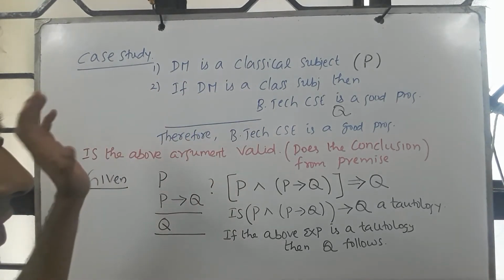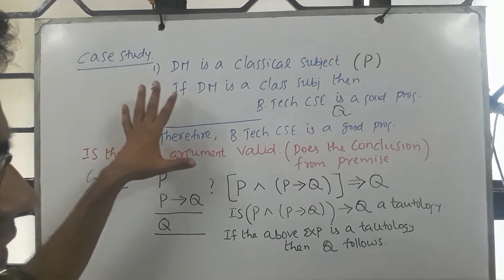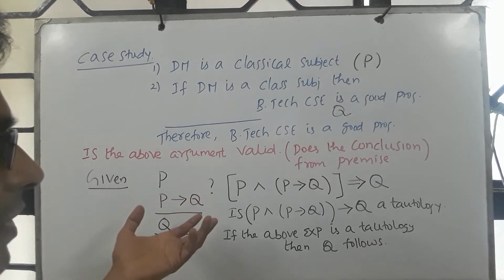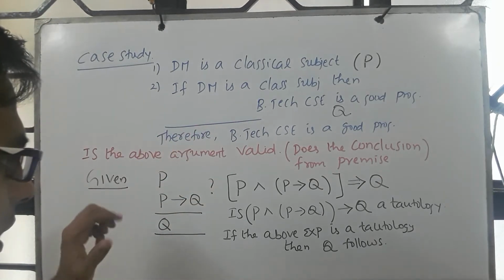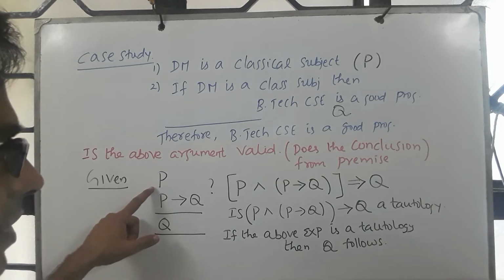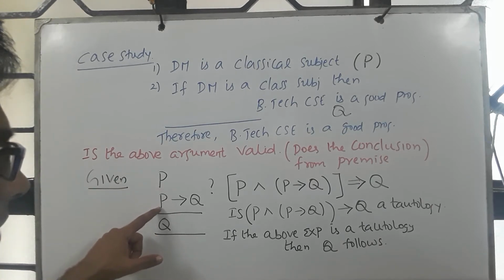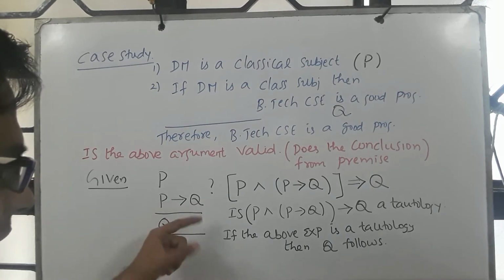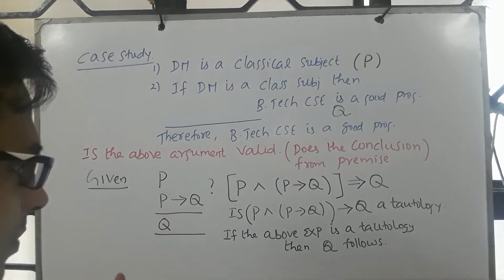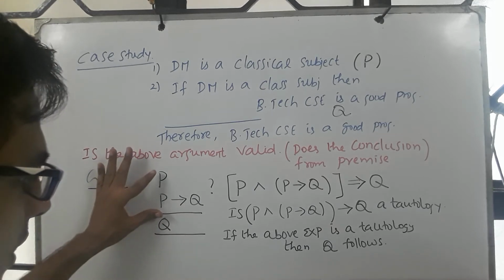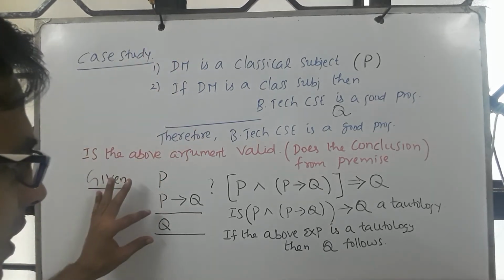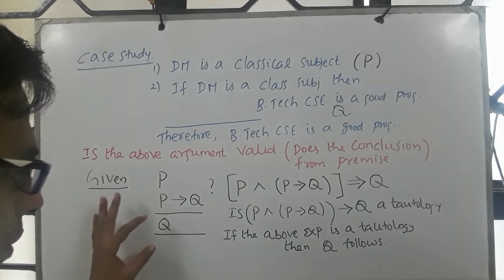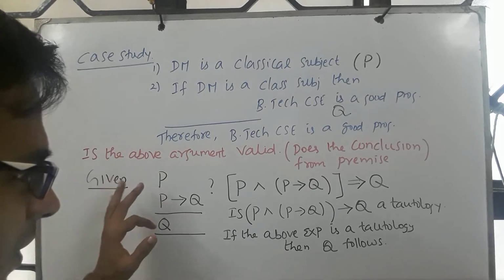The other day we were discussing that we come across context sensitive propositions in practice, and here is one example. What is given to us is DM is a classical subject. Please note, if DM is a classical subject, then BTech CSE is a good program. Because of if-then, I've used the conditional operator, and then so and so person is concluding that BTech CSE is a good program. Now I wish to know whether Q follows from this.